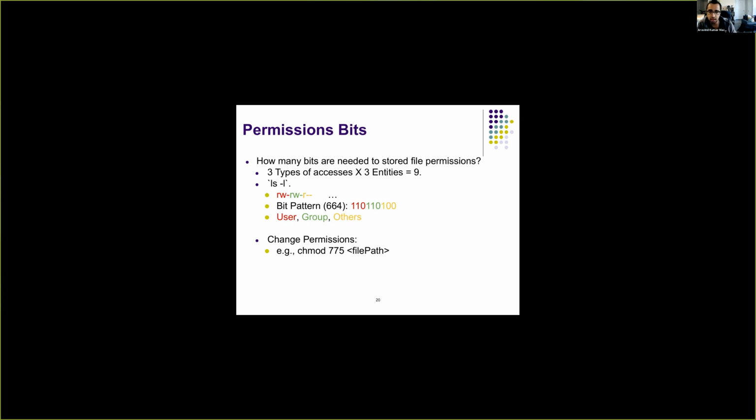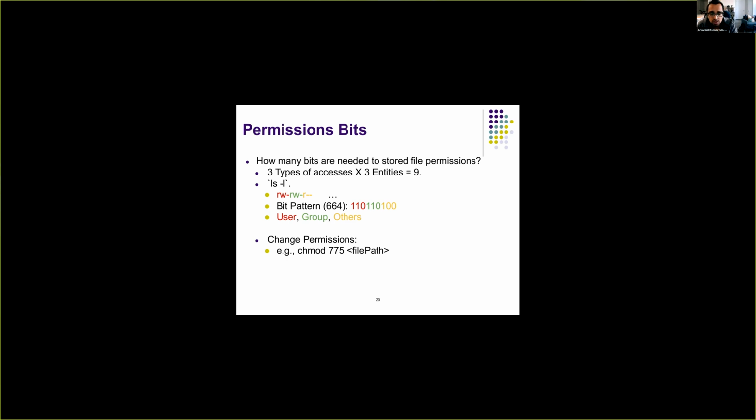You see the bit pattern in the first column. For instance, you must have seen something like rw-rw-r--. If you convert each 3 bits into the corresponding decimal, the first bit pattern represents 6, the second represents 6, and the third represents 4.